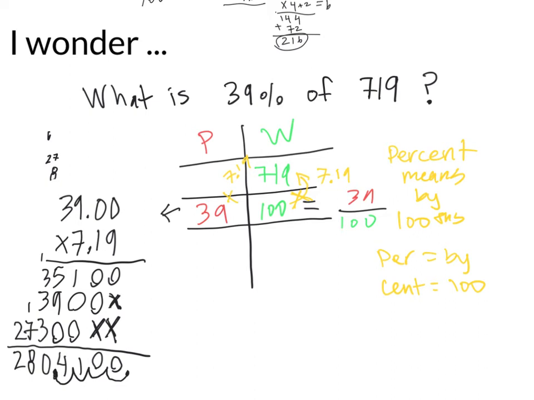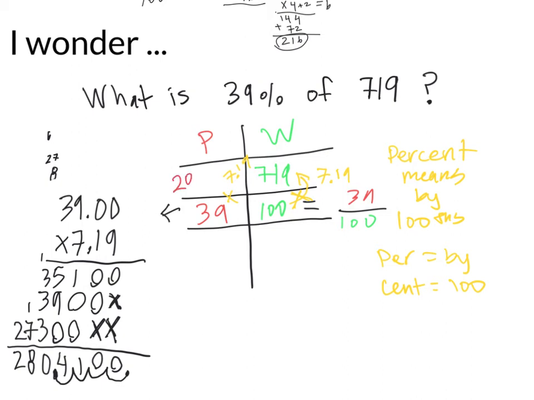So we get 280 and 41 hundredths is 39% of 719.